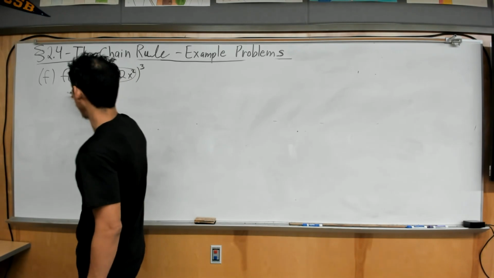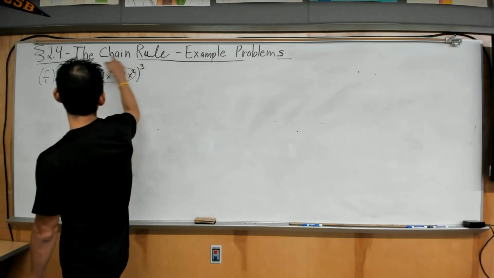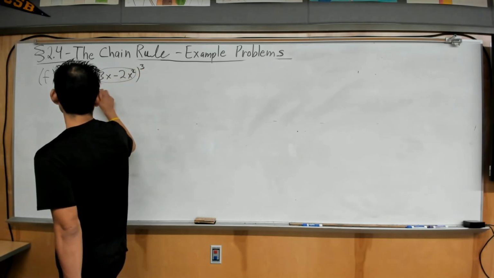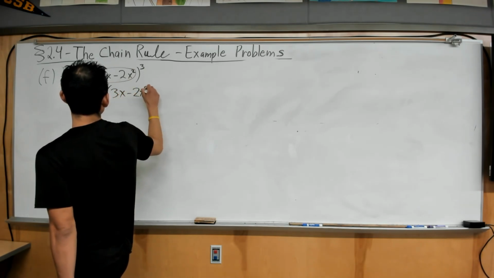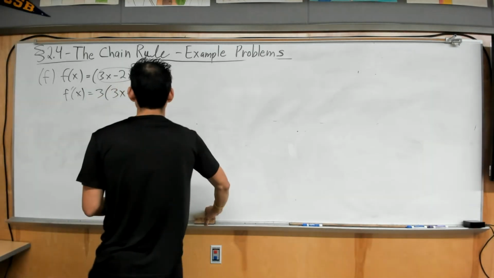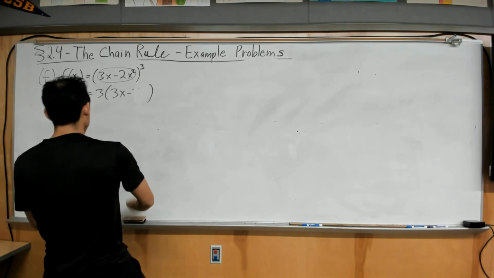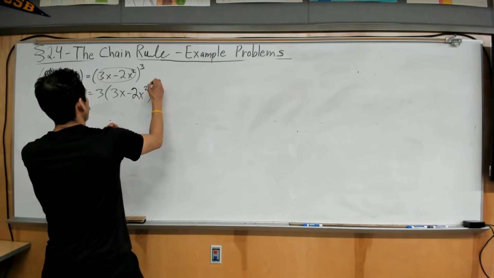So if I want to find f prime of x, take the derivative of the cube function, 3 times 3x minus 2x squared. I usually don't write my 2's like this, but it's hard with this pen. Let me write my 2's the cool way. 2x squared.